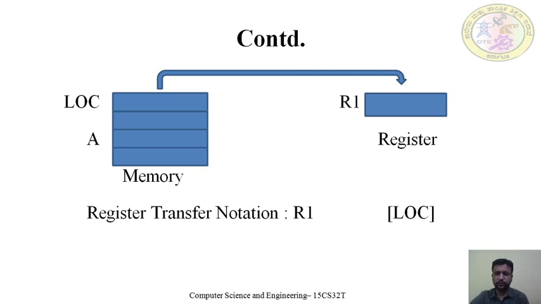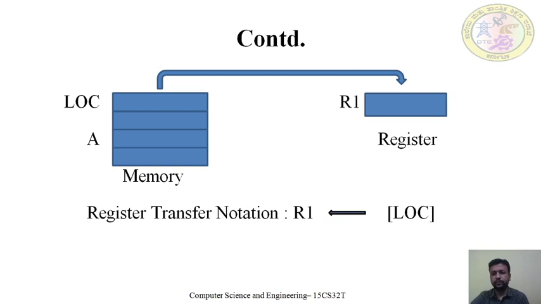This is represented by using a notation, register transfer notation. R1 left arrow LOC. So this is the LOC memory location. The contents of LOC location are transferred to register R1. So always the memory content location is specified by using square brackets.